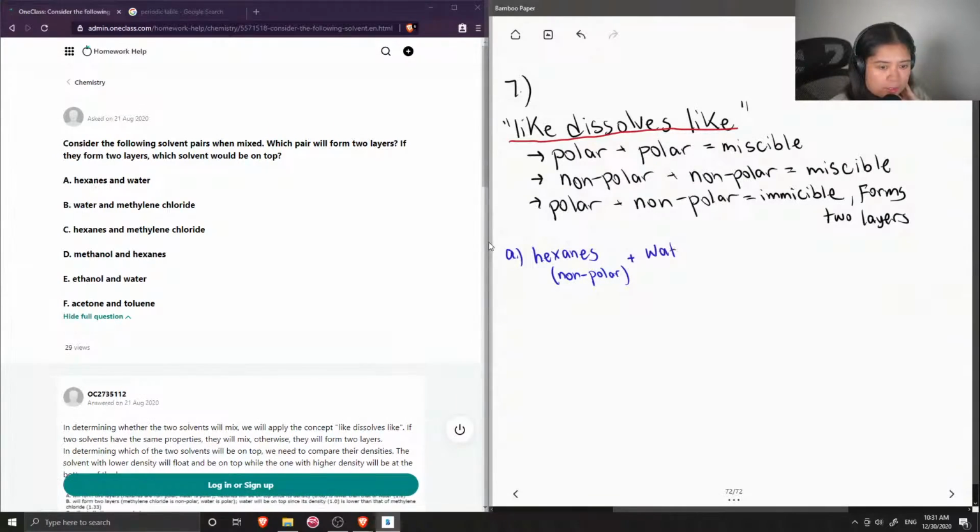But water, on the other hand, is polar. So therefore, they will form 2 layers. And if we look at the density of the two, you'll see that hexane has a smaller density, so it will be on top.